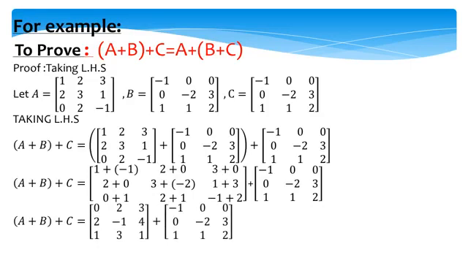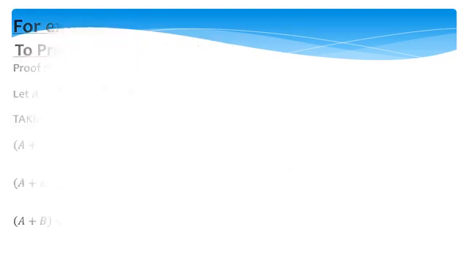Now we add A plus B matrix, and the result is 0 2 3, 2 minus 1 and 4, 1 3 1, plus sign, and write C matrix as it is. Now we add C matrix with the resultant matrix of A plus B. After addition, the result is minus 1, 2, 3, 2 minus 3, 7, 2, 4 and 3.